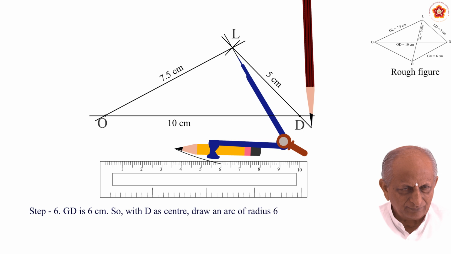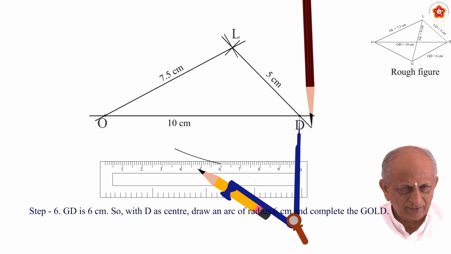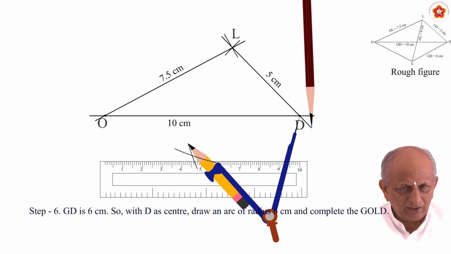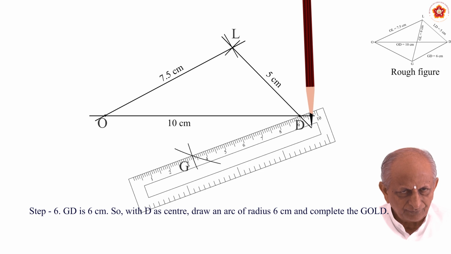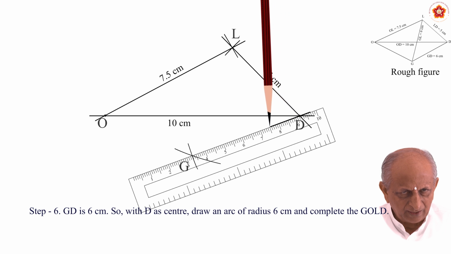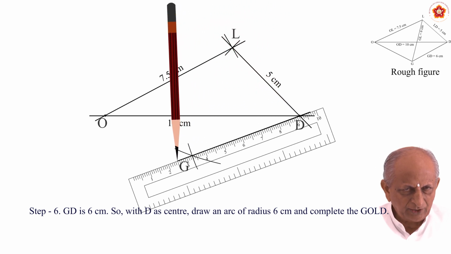So another one. GD is given to be 6 centimeters. With D as center, draw an arc of radius 6 centimeters. So these two arcs meet at a point called G. First we did with L. Now we are doing with D. So these two meet at a point called G.